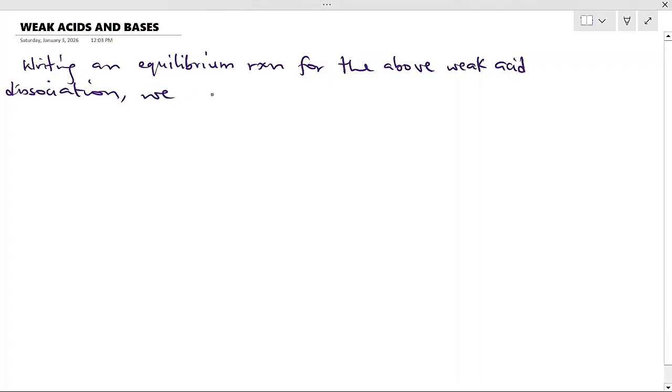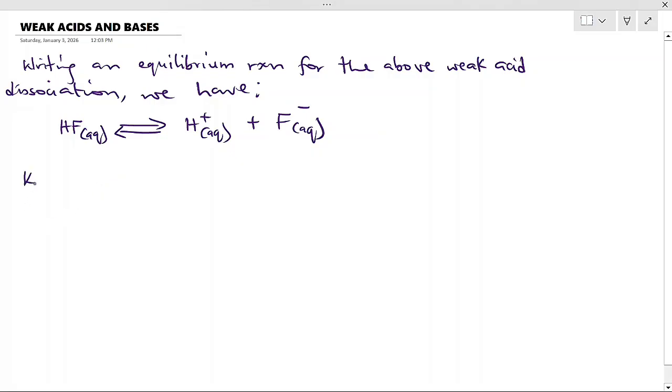I'll just write it on this page again so that you can see it clearly. The last we wrote is HF dissociating in aqueous solution, forward and backward reaction, H plus aqueous plus F minus aqueous, all floating around in solution.